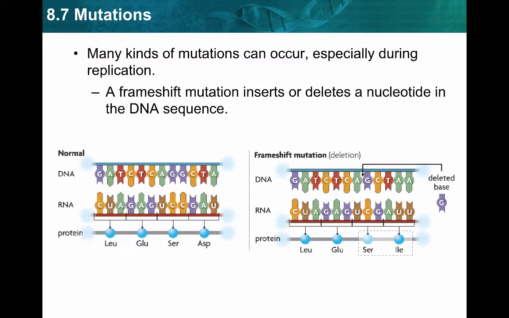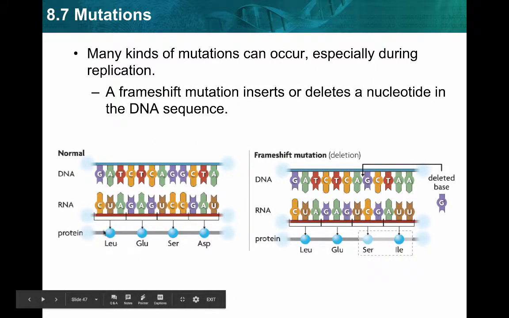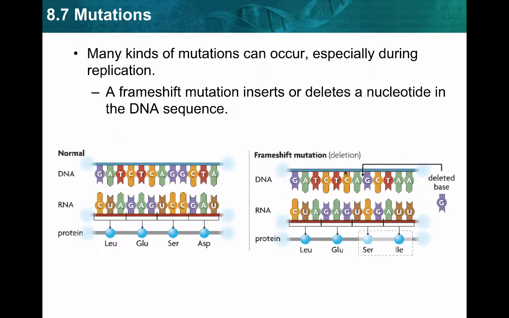A frame shift mutation, if you look at this picture over here, we should have leucine, glutamine, serine, asparagine. And over here, if something occurs and we delete that guanine, right? Over here we have AGG right there. Well, if we delete that guanine pair, then everything from the point of mutation forward, or downstream, is going to be different because you've changed the reading frame.